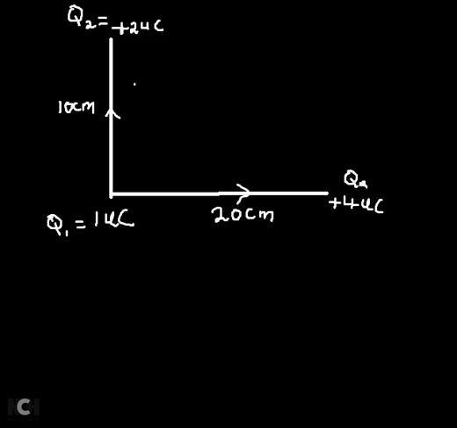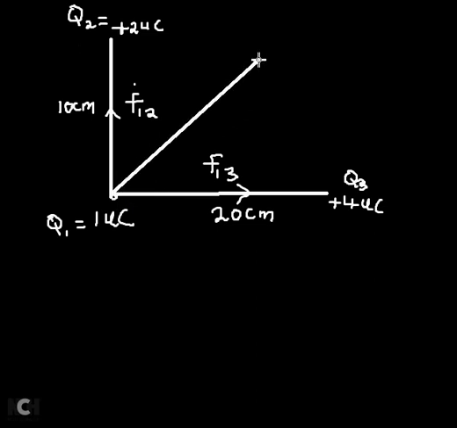So that simply means that the force between Q1 and Q2, F12, acts vertically, and the force between Q1 and Q3, F13, acts horizontally. So F12 and F13 are perpendicular forces whose resultant can be evaluated.